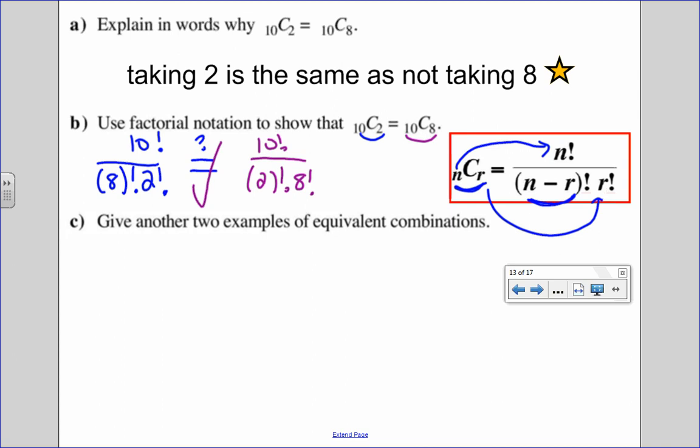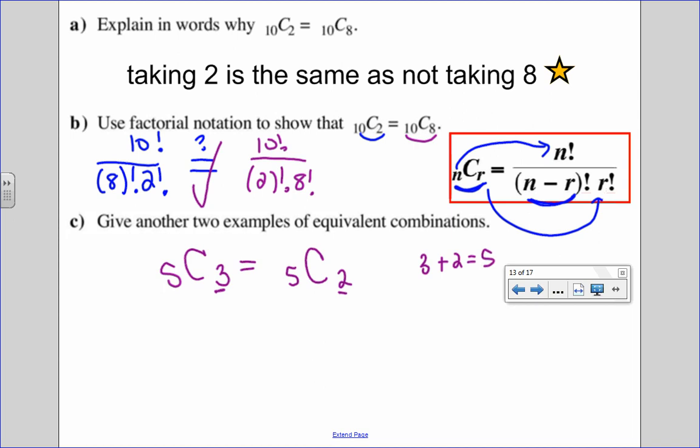So if I wanted to give two other examples of equivalent combinations, let me write this one down, 5C3, and then you can just pause the recording, write down an equivalent combination to that, and come back and see if you got it right. So what would be equivalent to that is 5C2. And again, that's because 3 plus 2 is 5.